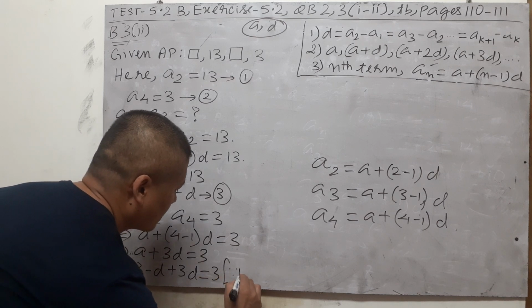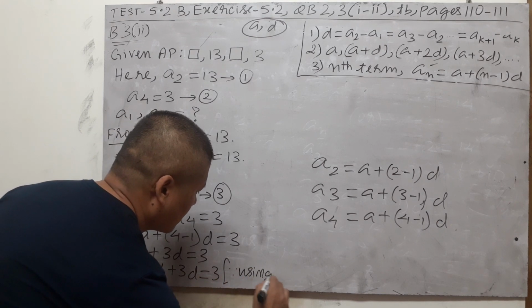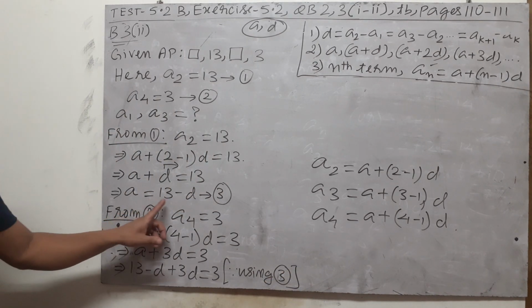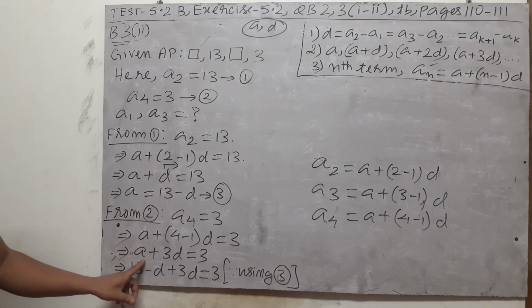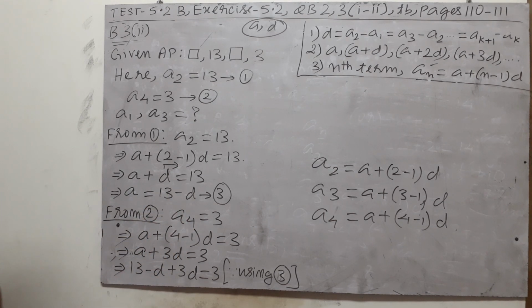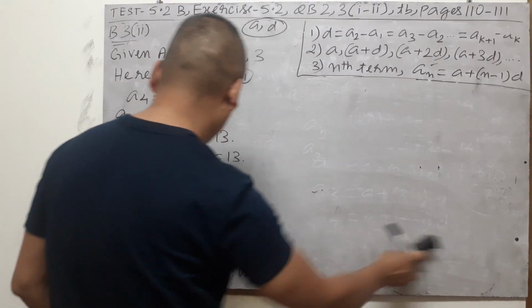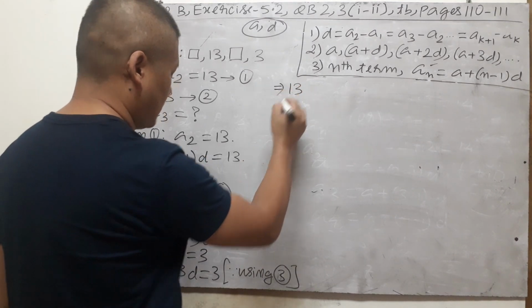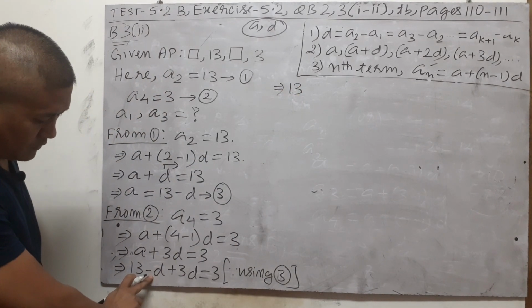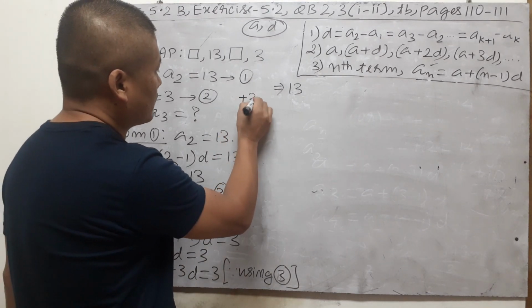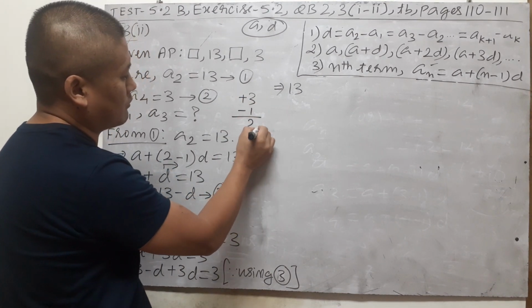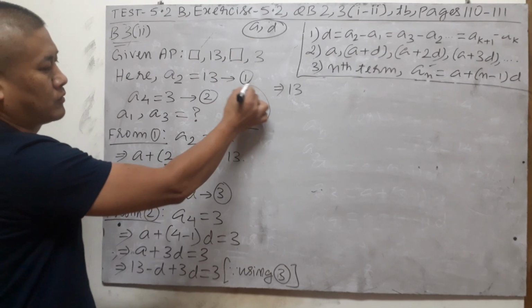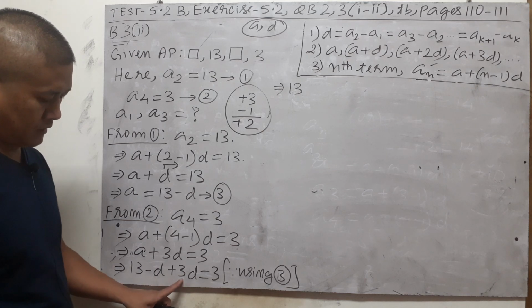The reason is that, using the value in equation number 3, the A value is 13 minus D, so this A value is replaced by 13 minus D. I hope you're getting it. Next, that implies 13, then minus D means minus 1D, and plus 3D. So plus 3 and minus 1 means subtraction, 3 minus 1 is 2. The bigger absolute value has a plus sign, so put plus here, plus 2. So minus 1D plus 3D is plus 2D.